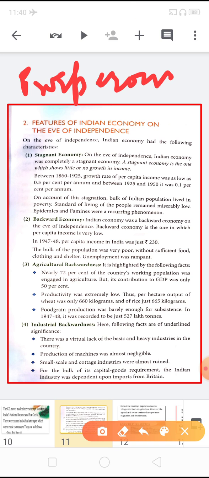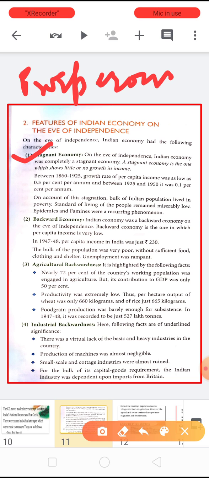Children, please understand it well because it is an important topic, and definitely one question will come in your board examination from this topic. The first characteristic is a stagnant economy. On the eve of independence, the Indian economy was completely stagnant.